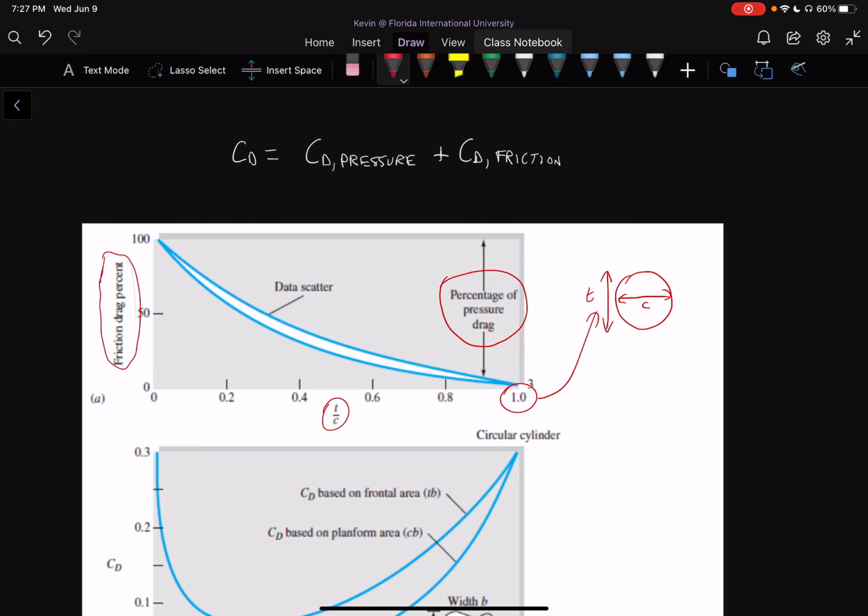Now, if T over C is very close to 0, we see that 100% of our drag is from friction. So here we actually have the definition of what a flat plate would look like. The flat plate has a very long C and a very small thickness, okay? And sometimes even an infinitesimally small thickness, okay? It's just above our value of 0, because obviously it cannot be 0, if not, it would not exist.